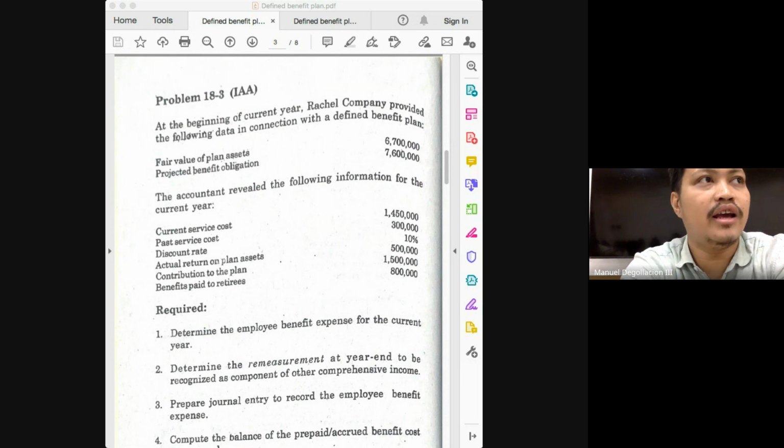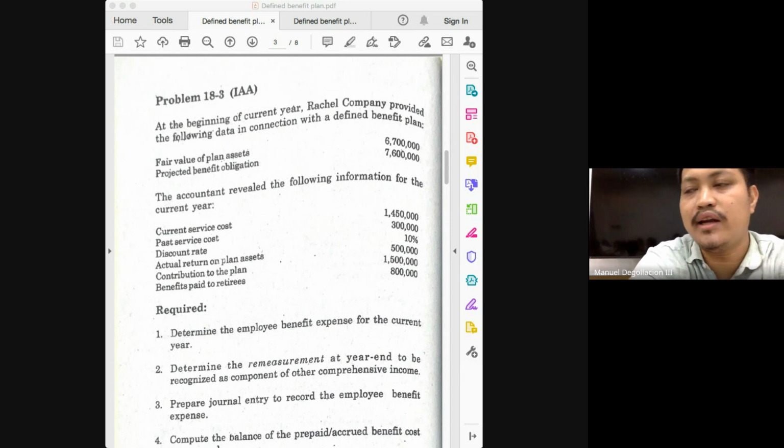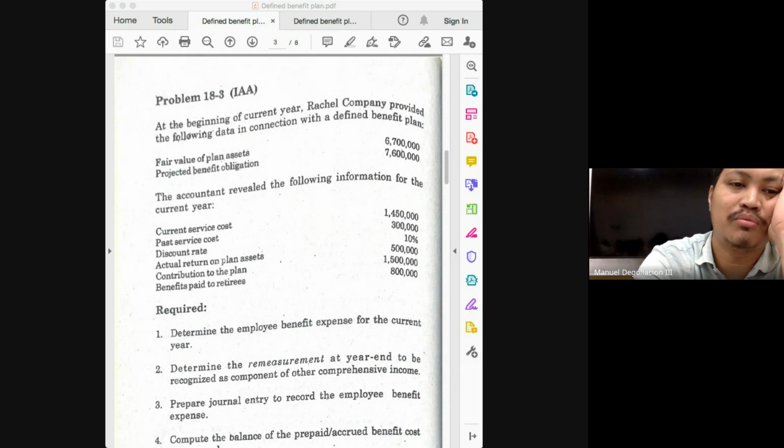Next, solve for ending FVPA and PBO. Let's start with FVPA. Where do we begin in solving for your ending FVPA? Beginning FVPA. And how much is our beginning FVPA? 6,700,000. Next, add. I hope you can remember this all. While I do not want you to memorize, you really have to memorize these things.